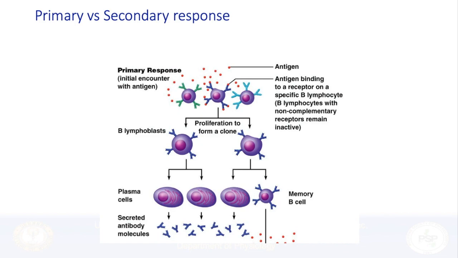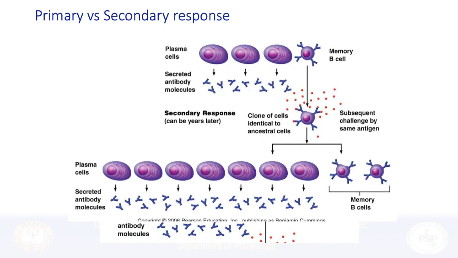Now, just take note that these memory B cells are a minor fraction of the clones coming from this set of lymphoblasts. But they are important because when these memory B cells subsequently encounter the same antigen in the near future, which can be months or years later, take note of what happens.